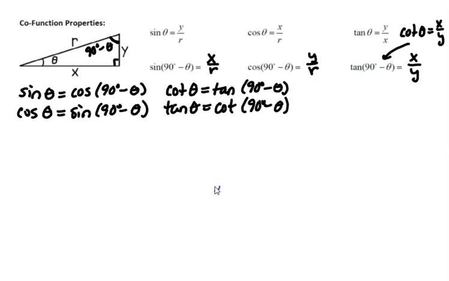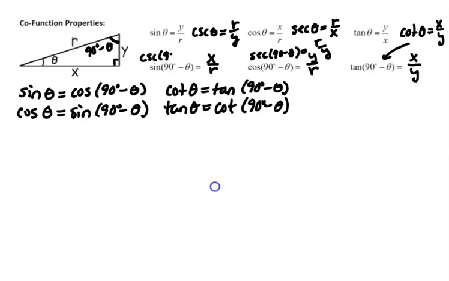Secant of theta would be r over x. Cosecant of theta would be r over y. Secant of 90 minus theta would be r over y, and cosecant of 90 minus theta would be r over x.